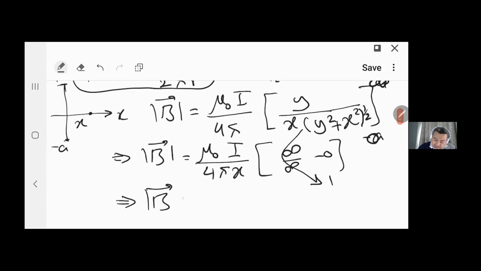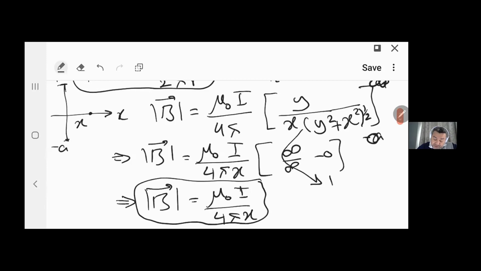And the magnetic field for half of an infinite wire, right at the point of the middle, equals mu naught I over 4 pi x, and x can also be substituted with r, so this can also be called mu naught I over 4 pi r.